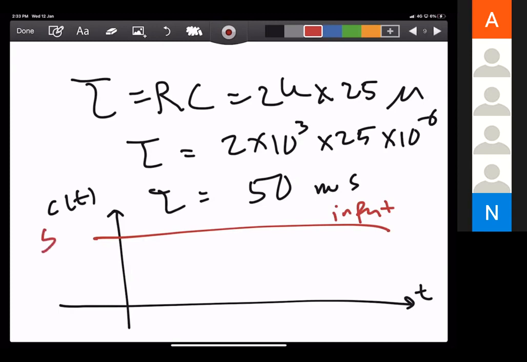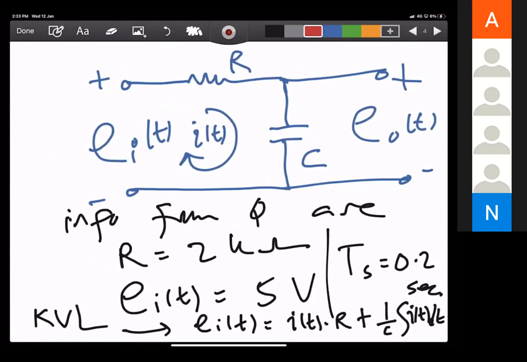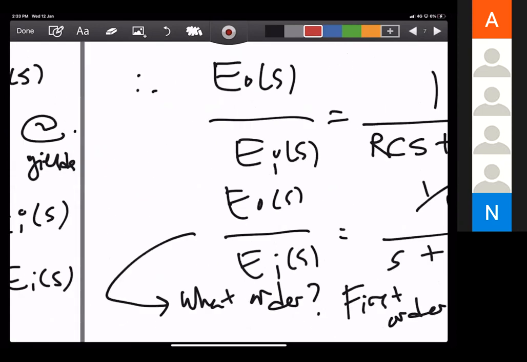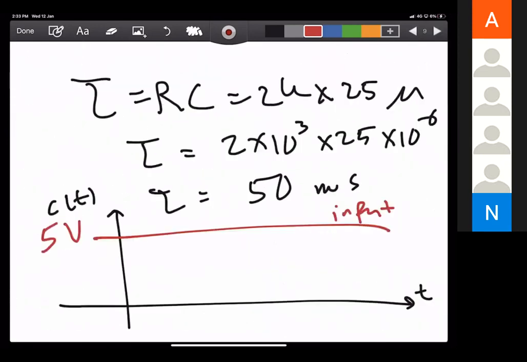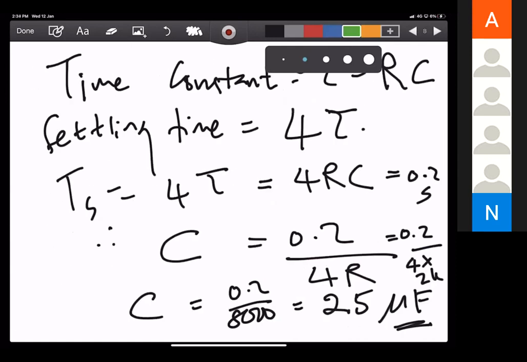Tak tahu, Prof. 5 volt kan? Oh, 5 volt. Input. Outputnya? Apa pula outputnya 5 volt? Mana? Output. Kan? Jadi dia punya ni tadi berapa? 0.2 second.